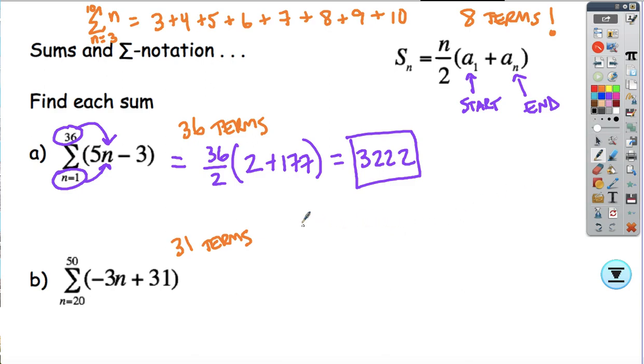The long way would be if I start by plugging in a 1. I'm going to use a different color so you can see this. So I'm plugging in a 1. And then my next term is when I plug in a 2. Then my next term is when I plug a 3 in.